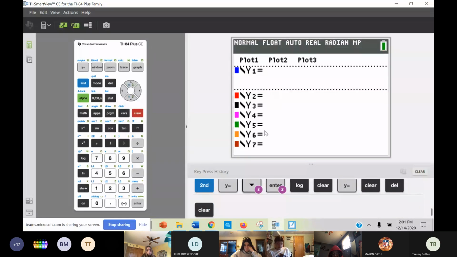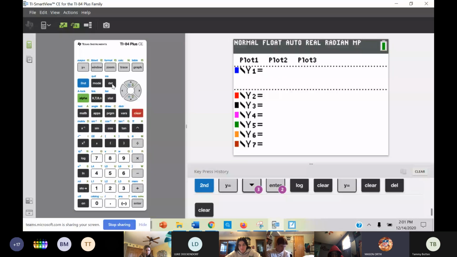You don't want anything on any of these. So if you had something for Y2, go there and hit clear. Sometimes you have to go on it and hit your DEL key to delete it.